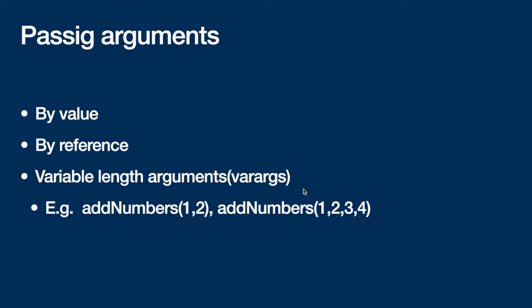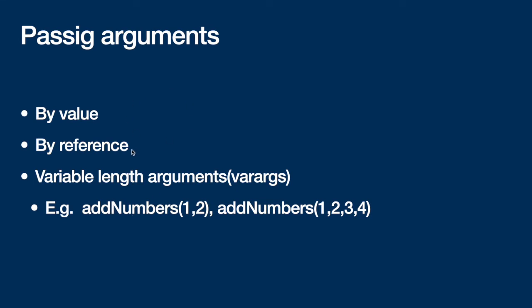So when we use primitive parameters and when we pass them as arguments when we call the method, by the way, when we say passing arguments, that means putting parameter values while we call the method during its implementation. We use parameters when we define the method, and we use arguments when we call the method.